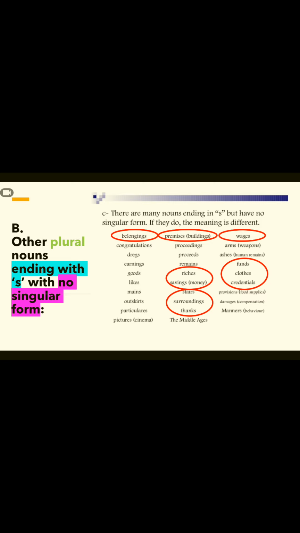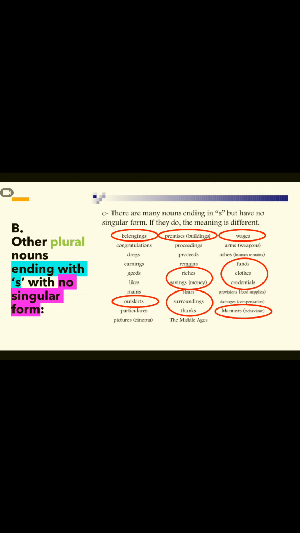So the word credentials, we learned it in the first term. Academic credentials. Credentials are like documents, papers that show the achievement, the qualification you've got. And we have one more, manners, which means the behavior of a person, and outskirts. Now fill them in on your worksheet.